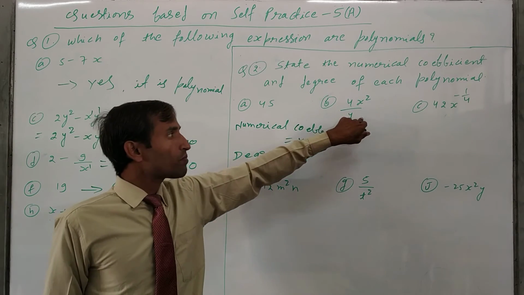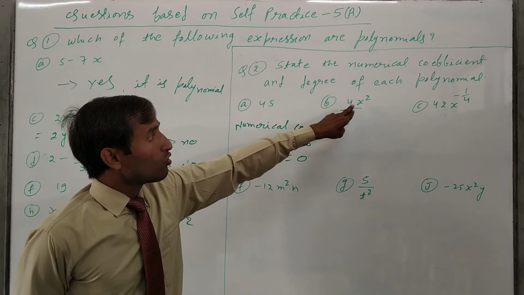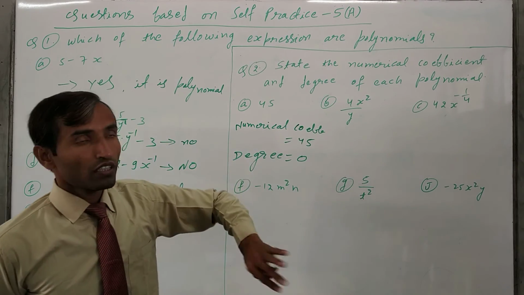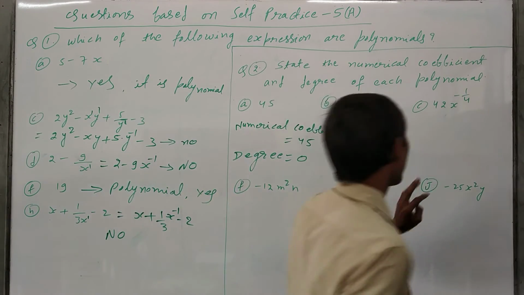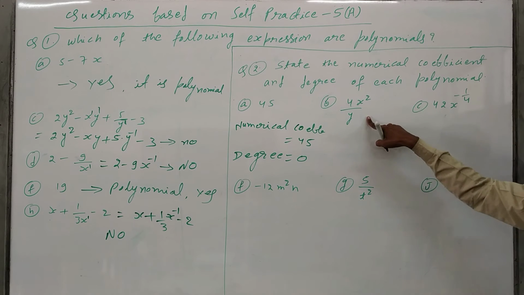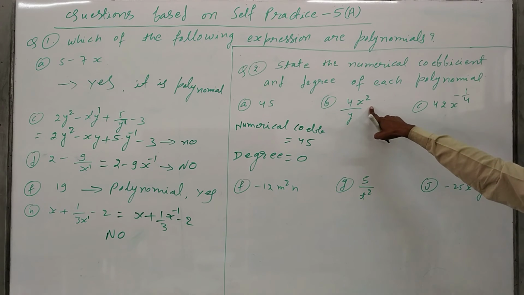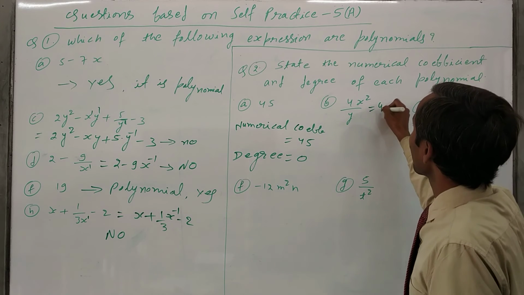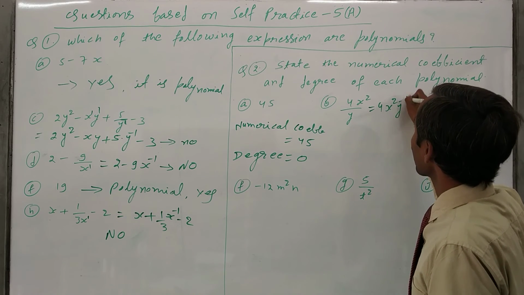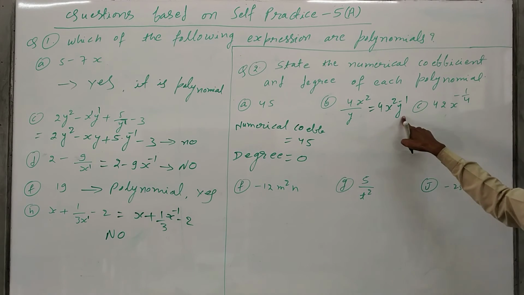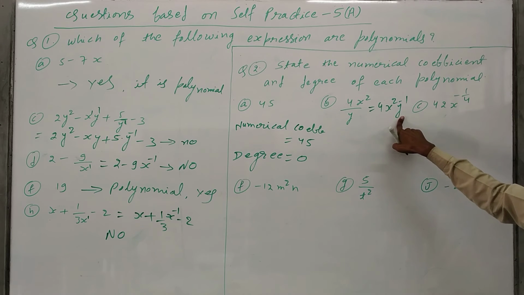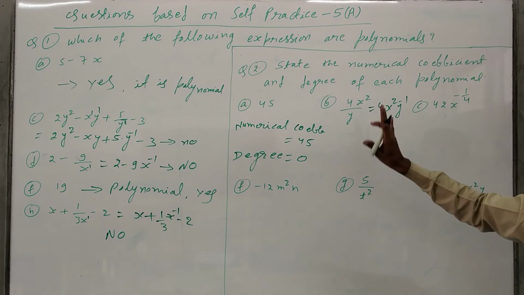Now in part B, the numerical coefficient is 4, but degree is not defined because it is not a polynomial. If you take the y upper, it will come 4x square y power minus 1. Here the variable y has a negative power, so it is not a polynomial, so degree is not defined.